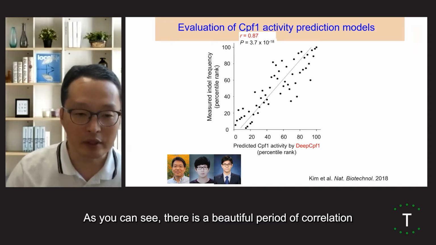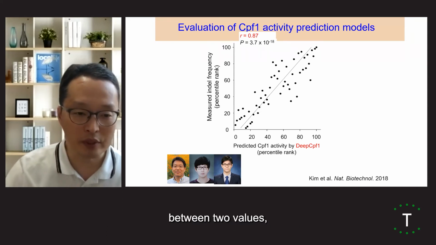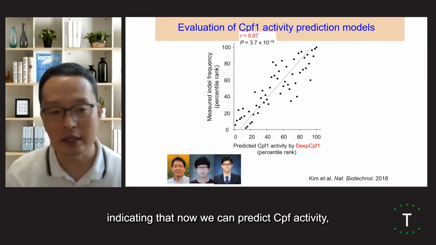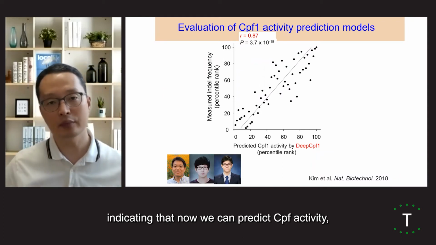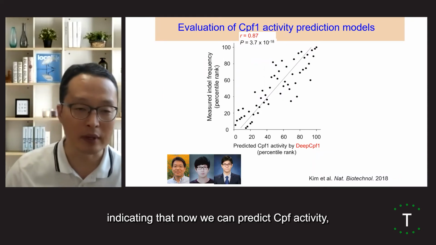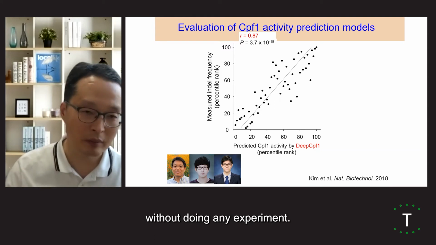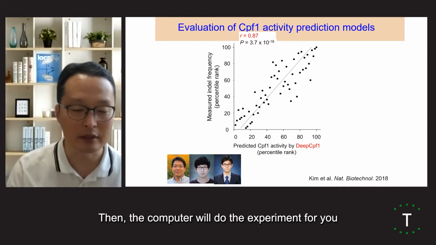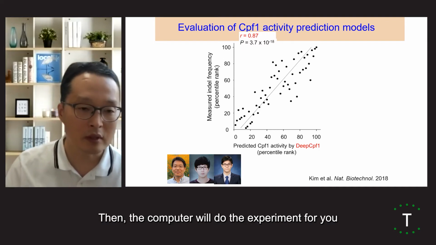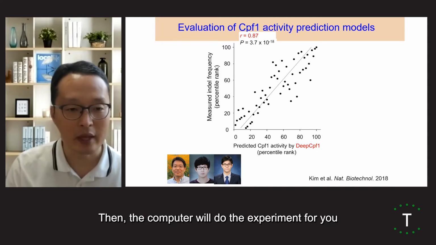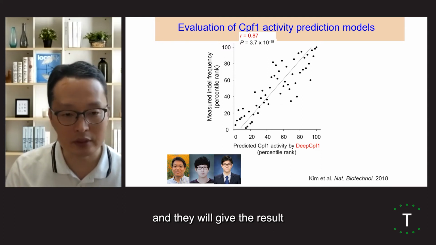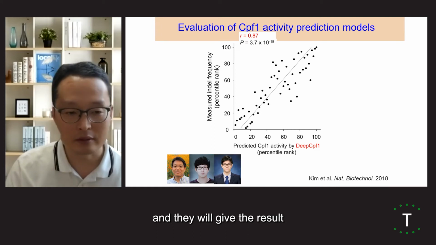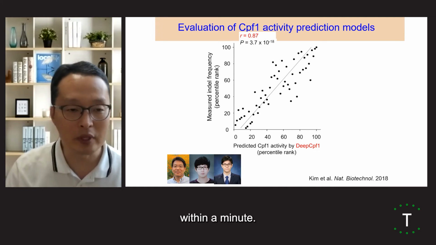As you can see, there's a beautiful correlation between the two values, indicating that now we can predict Cpf1 activity without doing any experiment. We can just sit in front of a computer and type in your target sequence, and the computer will do the experiment for you, and it will give the result within a minute.